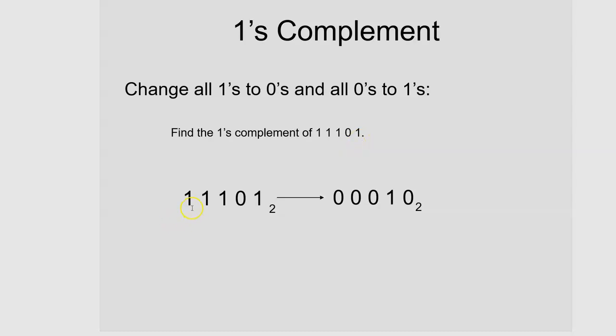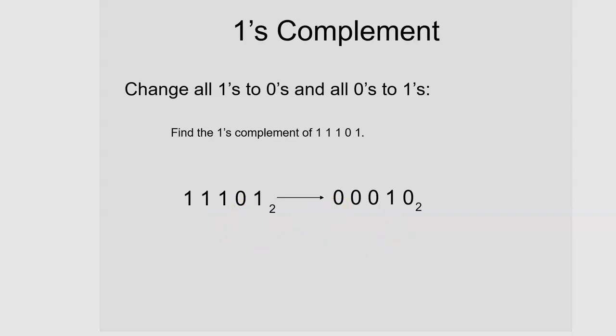So I want to go from here, 1, 1, 1, 0, 1, base 2. The ones complement, I change what's a 1 to a 0, and what's a 0 to a 1. I just flip the bits. So 1, 1, 1, 0, 1 becomes 0, 0, 0, 1, 0. Wherever I have a 1 over here, I change it to a 0. Where I have a 0 over here, I change it to a 1.